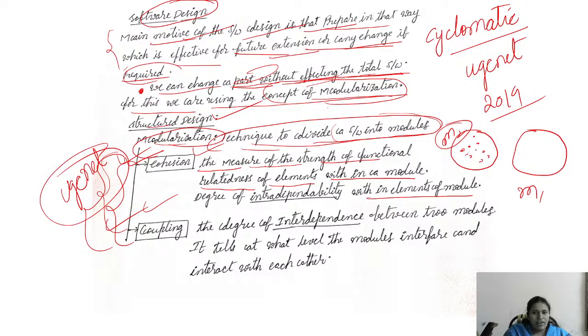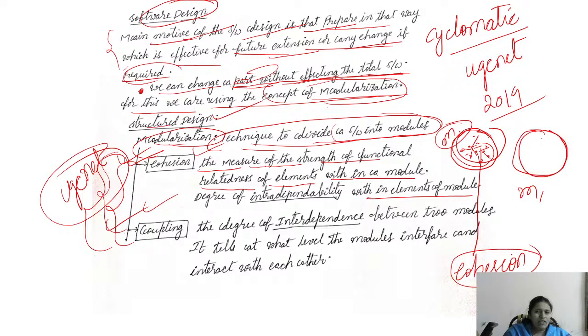Suppose these are the different elements within a module. Within a module, these elements are depending on one another, right? This is called cohesion. The dependency between the elements within a module is called cohesion.